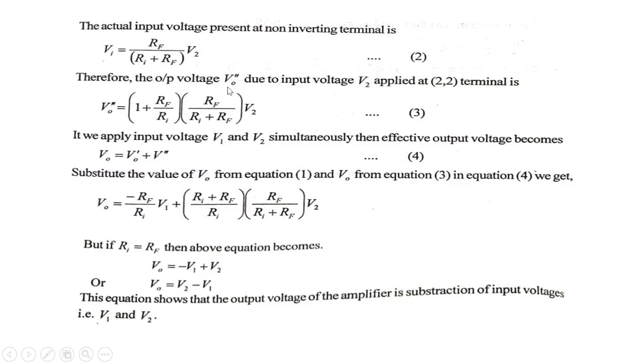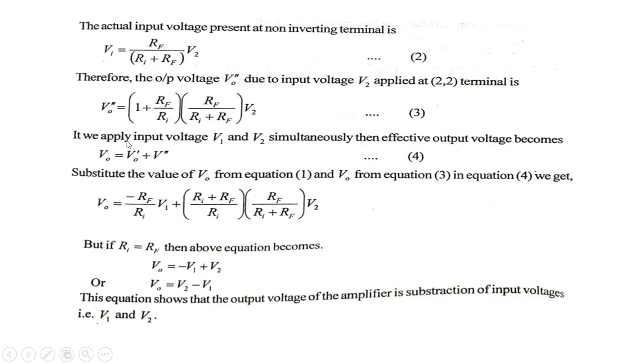Therefore, the output voltage V0'' due to input voltage V2 is V0'' = (1 + RF/Ri) × RF/(Ri + RF) × V2.